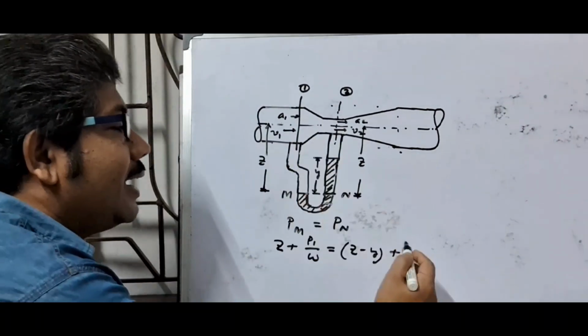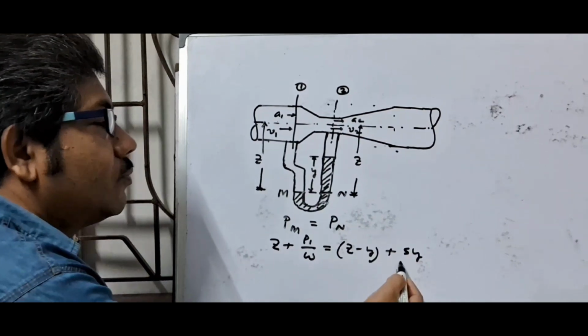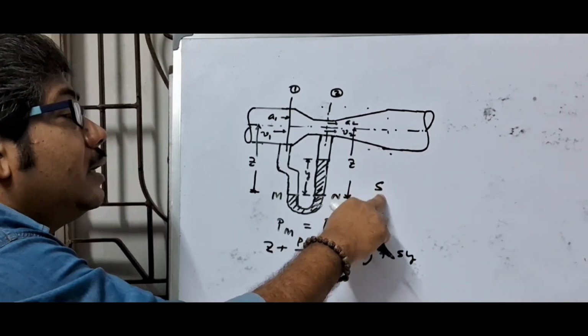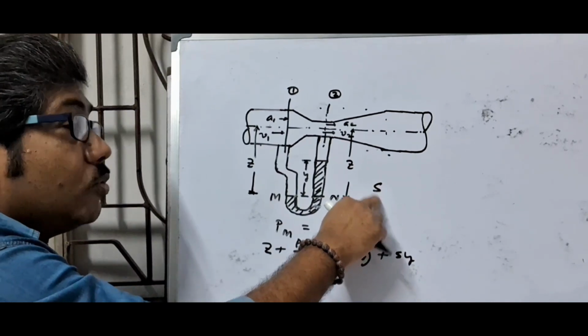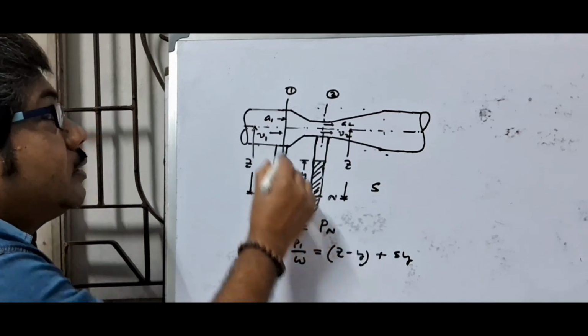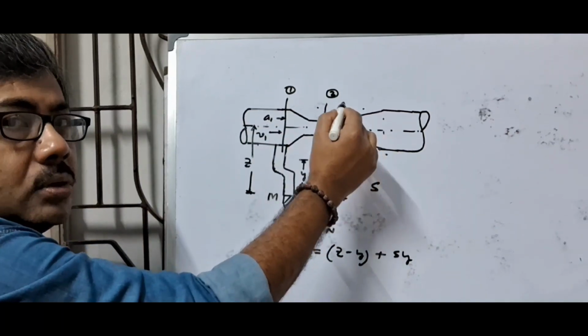So here the head is Y times S, where S is equal to the specific gravity of liquid in the manometer with respect to the liquid flowing through the Venturimeter.